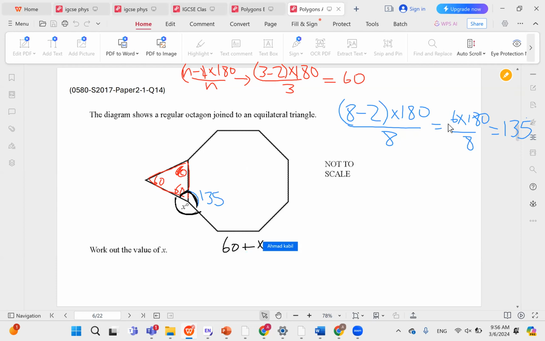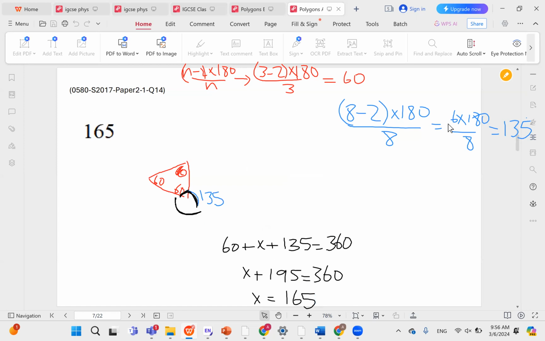So 60 plus x plus 135 equals 360. Therefore, x plus 195 equals 360. So x equals 165. And 165 is the correct answer.